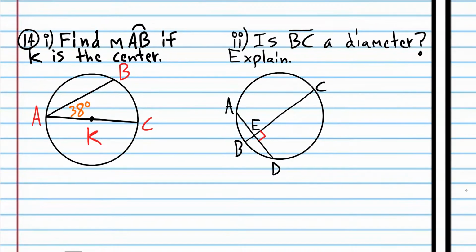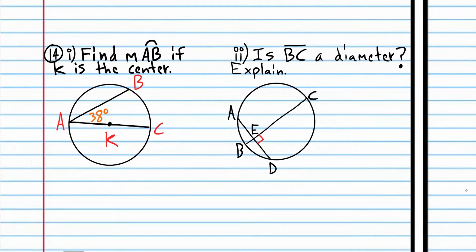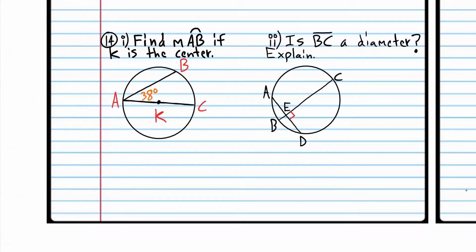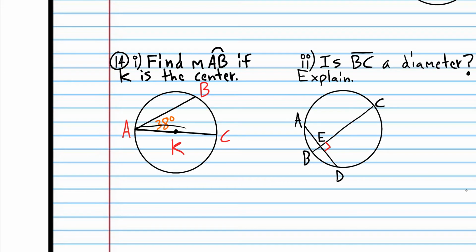All right, we're back. Find the measure of arc AB if K is the center. Now, we learned that inscribed angle theorem that tells us that if we know this inscribed angle with the vertex on the circle is equal to 38, then the corresponding arc measure must be double that. And we also know that because this segment goes through K and it hits the sides of the circle, that must be a diameter.